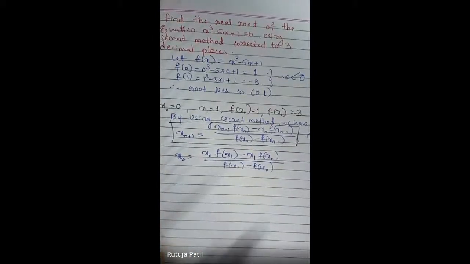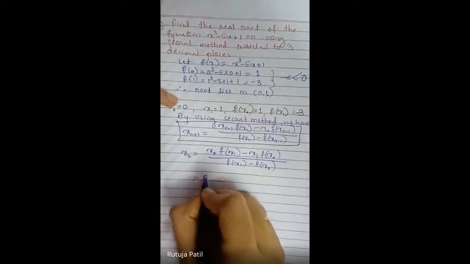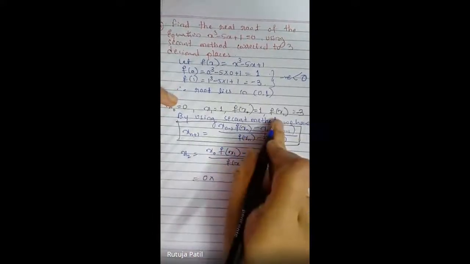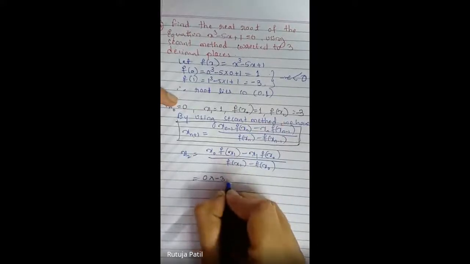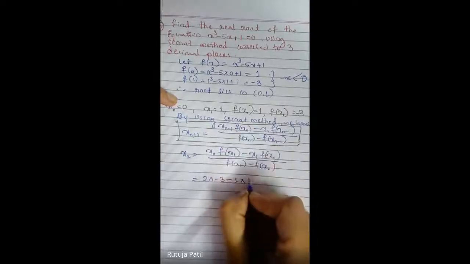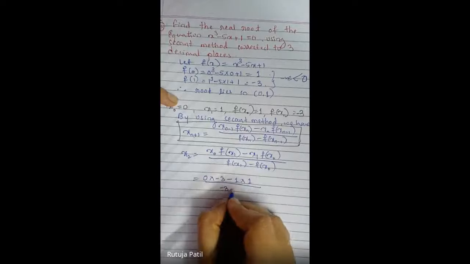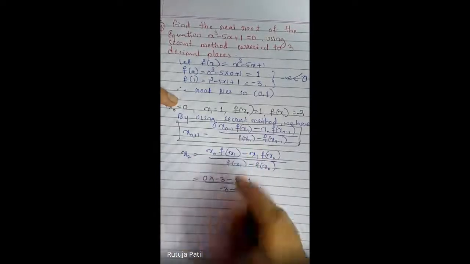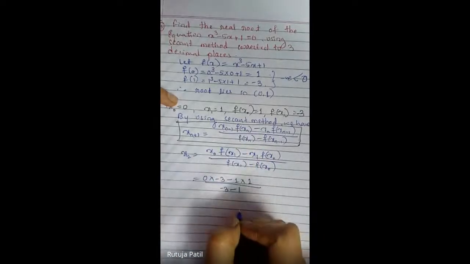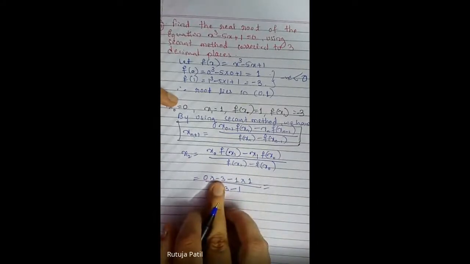Now substitute the values. X naught value we know is 0. So 0 into f of x1, which is minus 3, minus x1, which is 1, into f of x naught, which is 1, divided by f of x1, which is minus 3, minus f of x naught, which is 1. Okay, so find out this. 0 into minus 3 is 0 only.